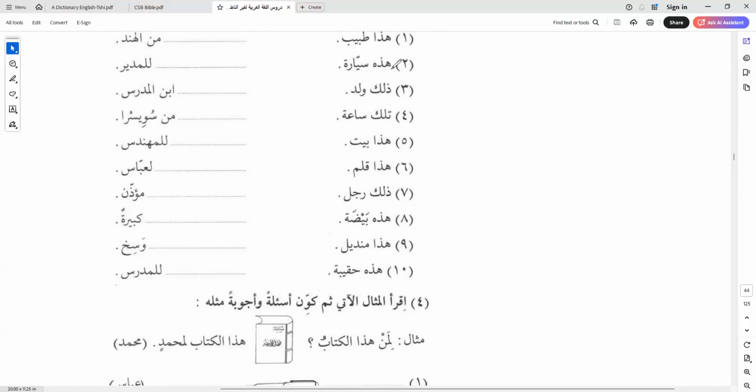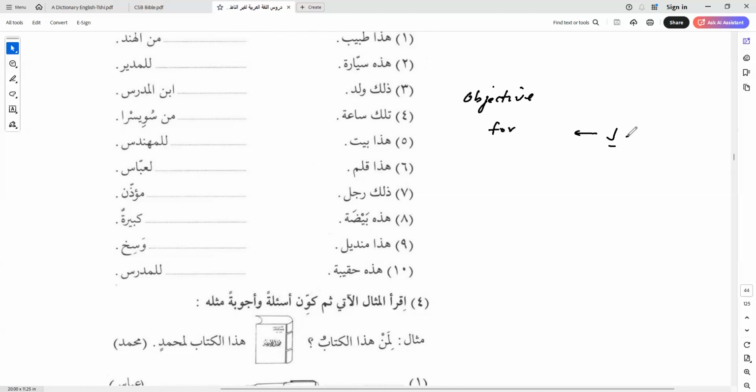And the objective here is for you to learn how to use li. Li is a single letter with a kasra underneath. Li means for.